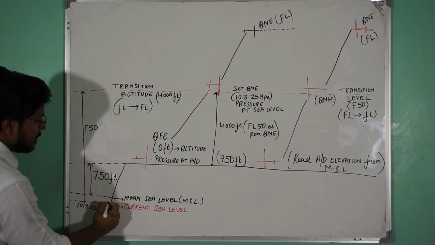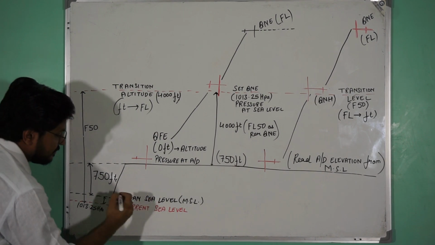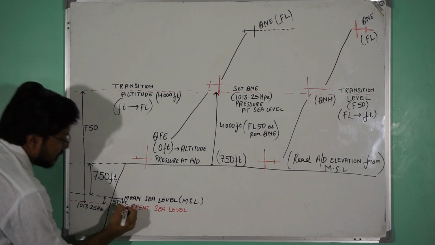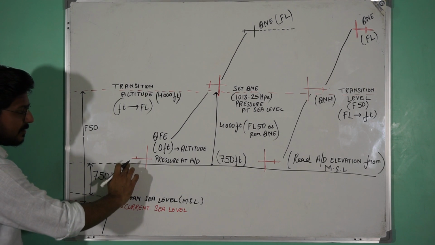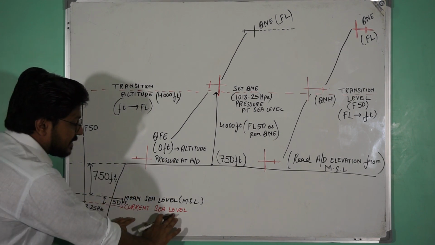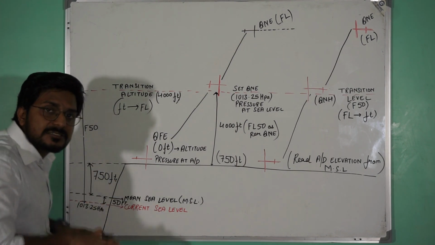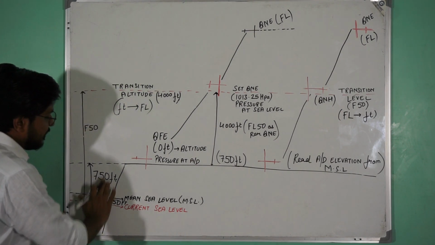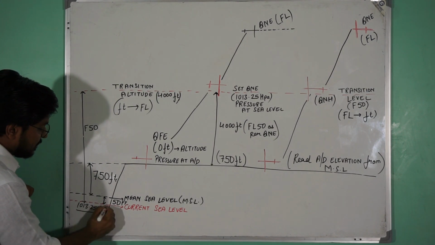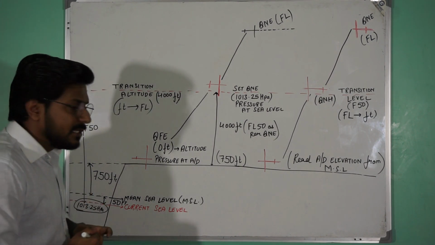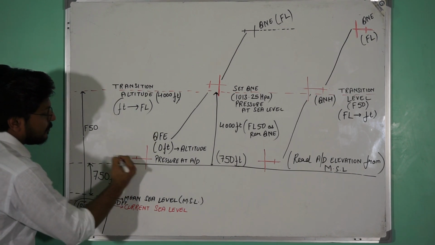As per this height, suppose the difference between the current sea level and mean sea level is 50 feet. That means the total elevation of the airdrome right now, as per the current sea level, is 800 feet, because this 50 feet is there from the mean sea level. The sea level has gone down. So now 50 feet has to be added, and the pressure decrement rate will say that after 800 feet it should be around 1010.